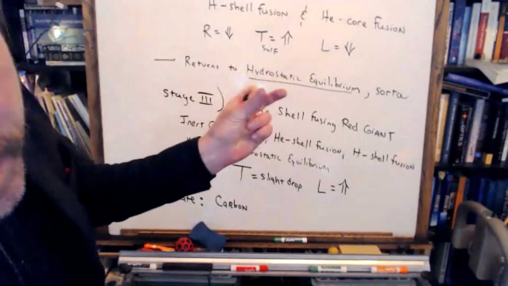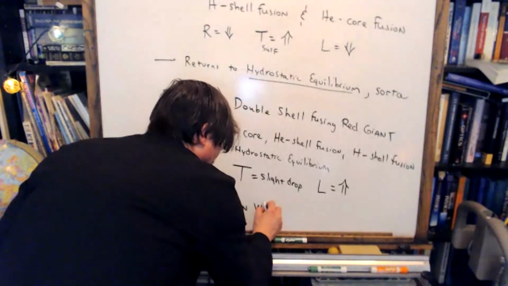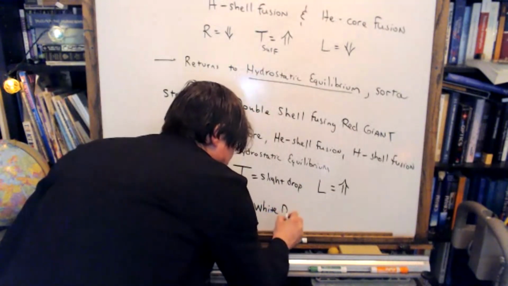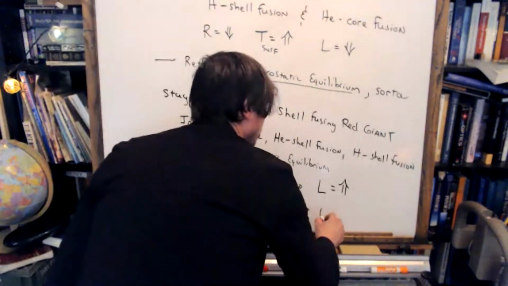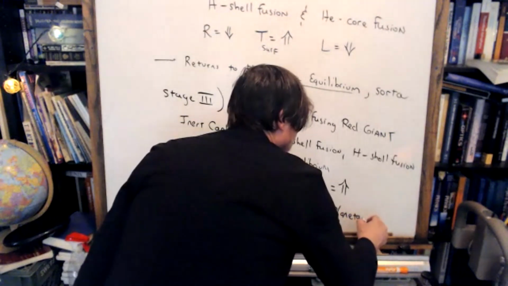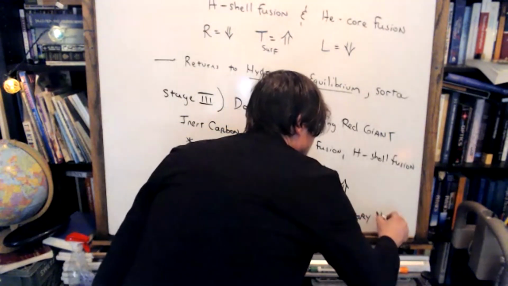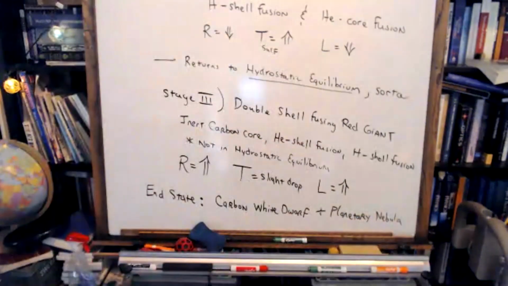The nugget that's left behind that we're going to have to talk about because it's wild. That was the core, plus a planetary nebula. And one day that will be the fate of our own sun.